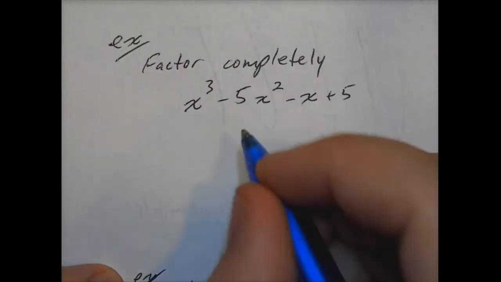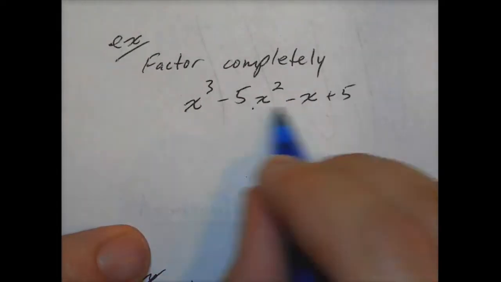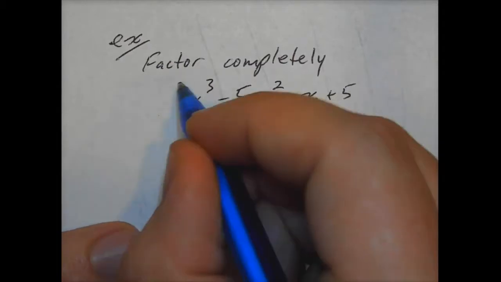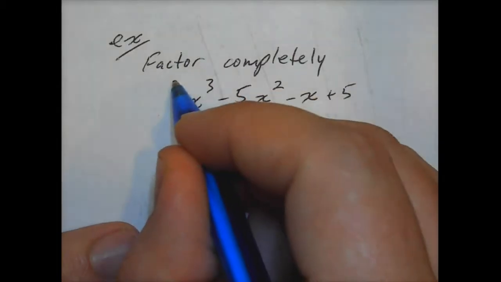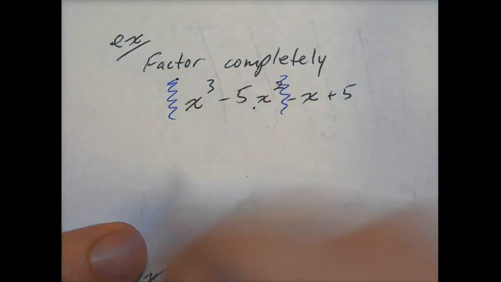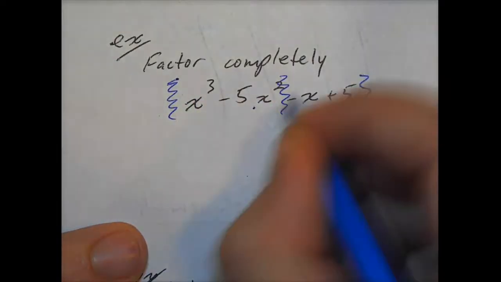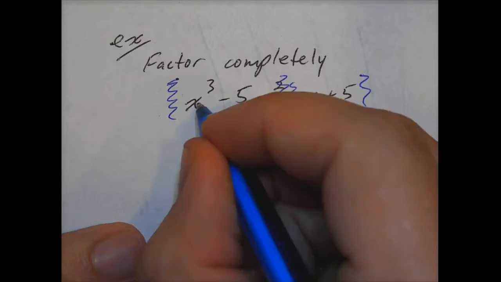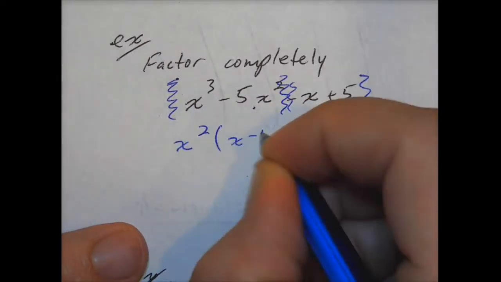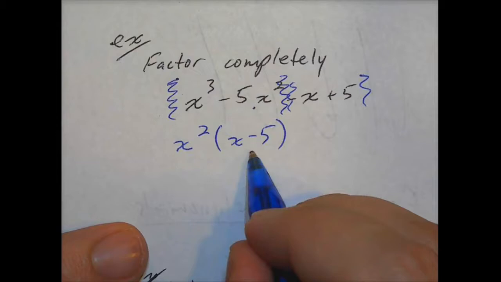All right, so again, we have x to the third minus 5x squared minus x plus 5. So I don't really see any special case. It's not like the difference of cubes or the sum of cubes. So if I look at these parts individually, then I can factor out an x squared from the first part, so that it's x minus 5. Now I'm going to see if I can make an x minus 5 term.